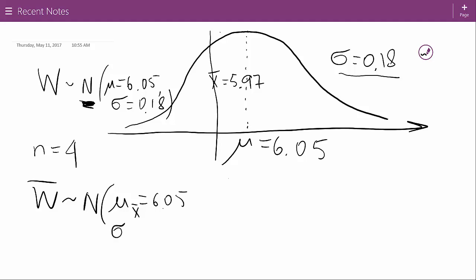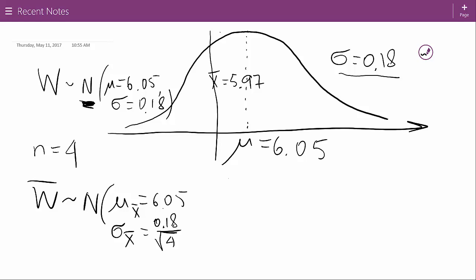How about the standard deviation for all X bars? It's going to be higher or smaller? Yeah, it's going to be smaller, right? Smaller by the factor of square root of the sample size, okay? So therefore I have to take 0.18 and divide that by the square root of 4, that's my sample size.